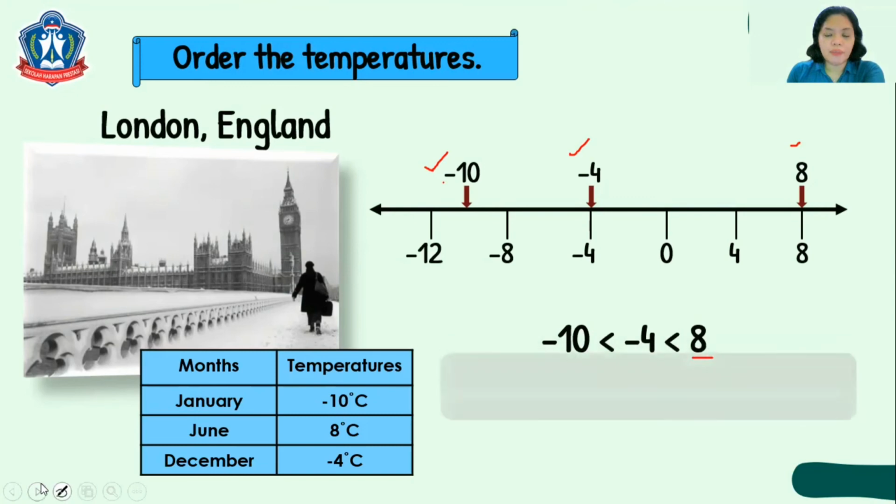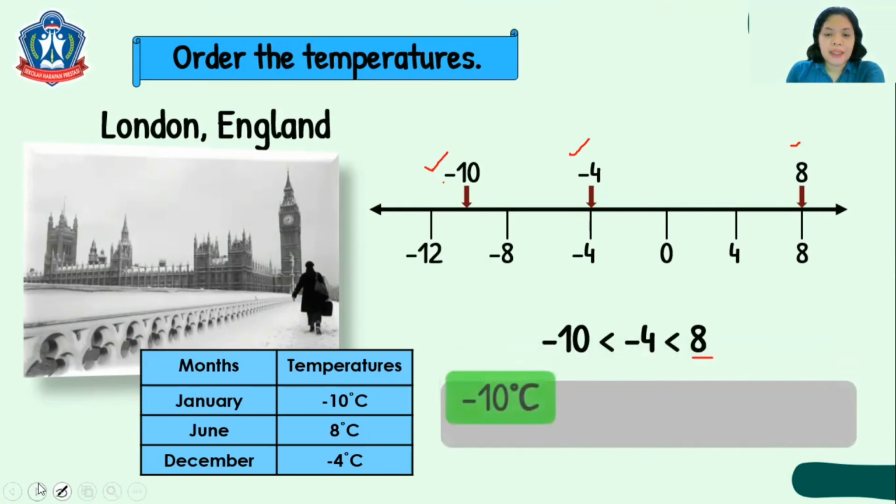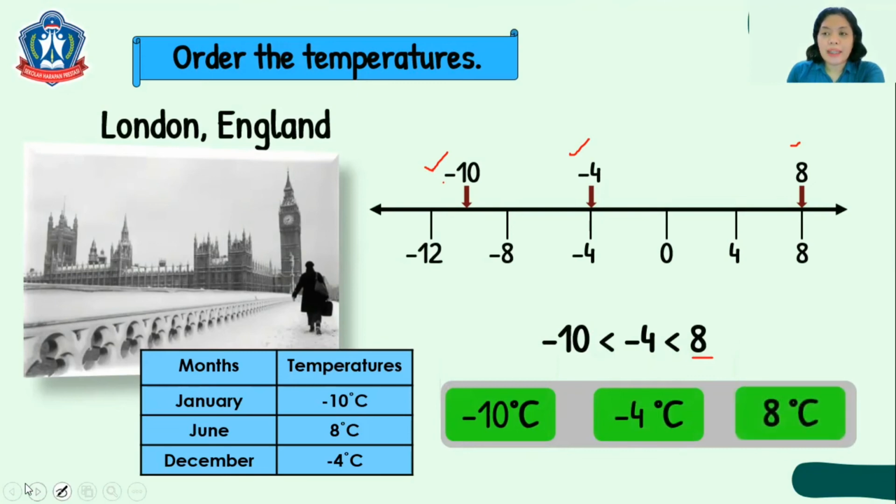So negative 10 degrees Celsius is the coldest or the smallest, followed by negative 4 degrees Celsius in the middle, and 8 degrees Celsius, which is the biggest or the warmest temperature. So negative 10 degrees Celsius is the coldest temperature.